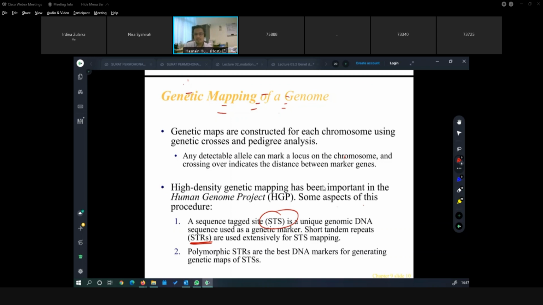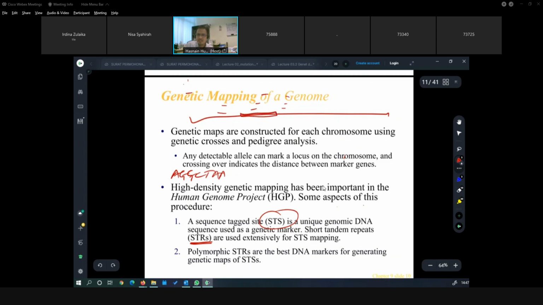In this case, the short tandem repeat, for example, AGG, CTAA, and then you know that one area of chromosome number 2 is notoriously known for this sequence repeated, let's say 20 times. You cannot find a similar repetitive sequence like this in another chromosome.